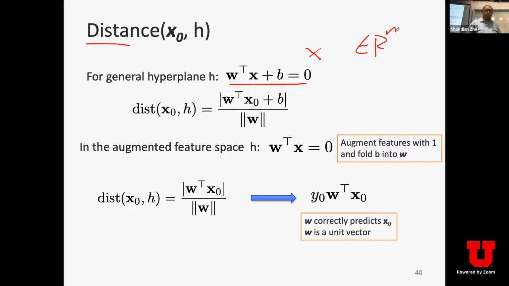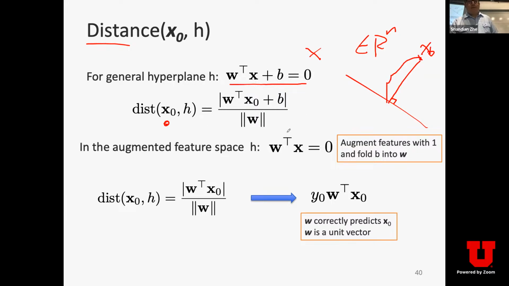Now, in the same input space, I want to compute the distance between an arbitrary point x0 and H. So this is a hyperplane, this is x0. If I want to compute the distance between x0 and H, that means I want to compute the length of this.